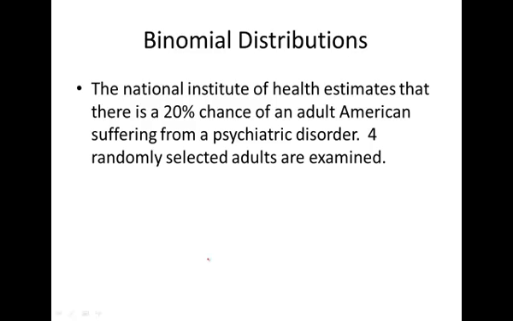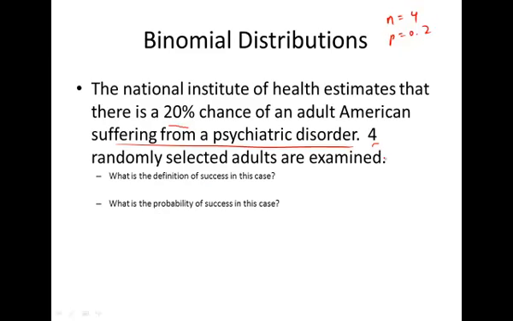The National Institute of Health estimates that there's a 20% chance of an adult American suffering from a psychiatric disorder. 4 randomly selected adults are examined. So N is 4, P is 0.20. So success in this case is not such a good thing. They're suffering from psychosis or whatever.